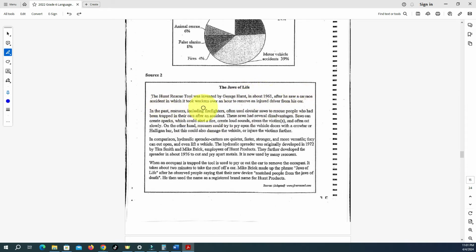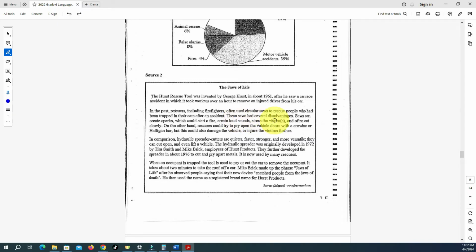The Hurst rescue tool was invented by George Hurst in about 1961 after he saw a car race accident in which it took workers over an hour to remove an injured driver from his car. In the past, rescuers, including firefighters, often used circular saws to rescue people who had been trapped in their cars after an accident.